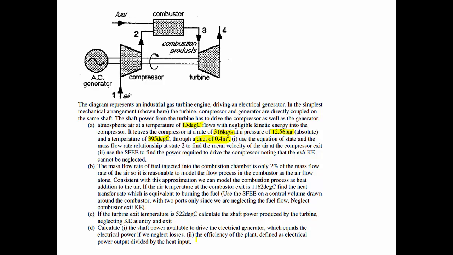And then finally, this is where we work out the efficiency, which is the net work divided by the heat in. So for the net work, we need to find work out minus work in, divide that by the heat in, and then we find our efficiency value.